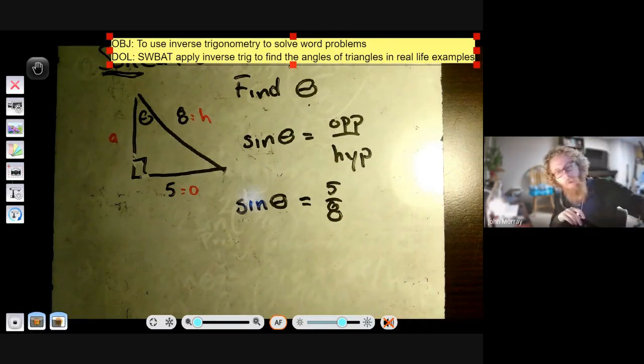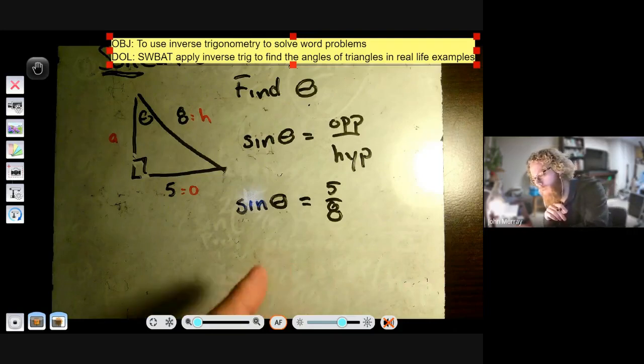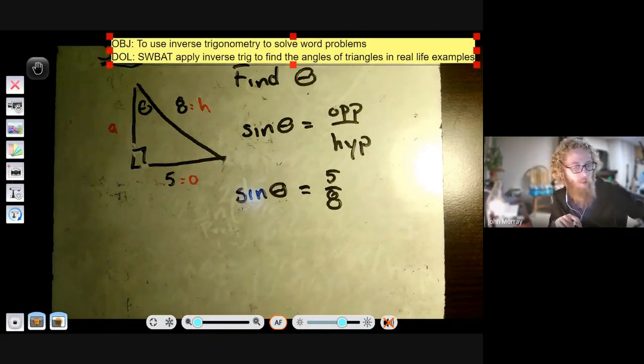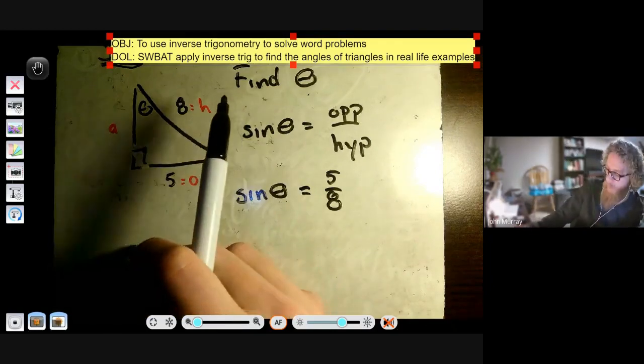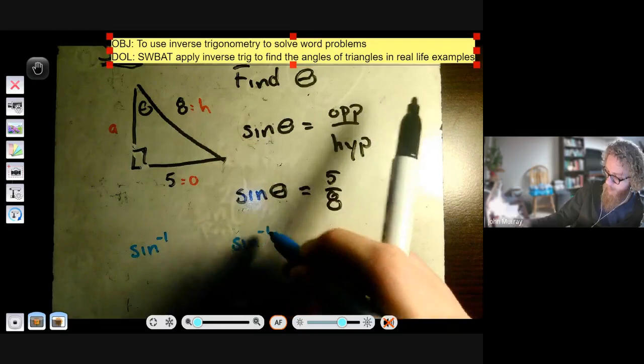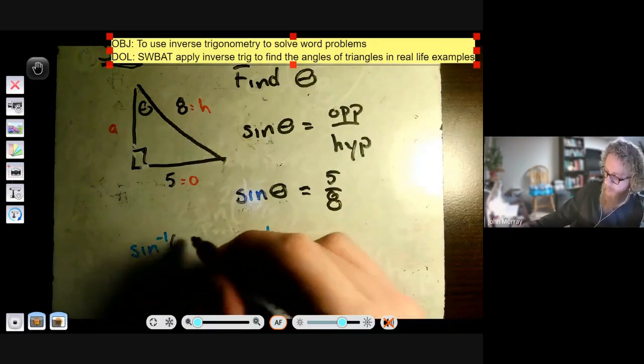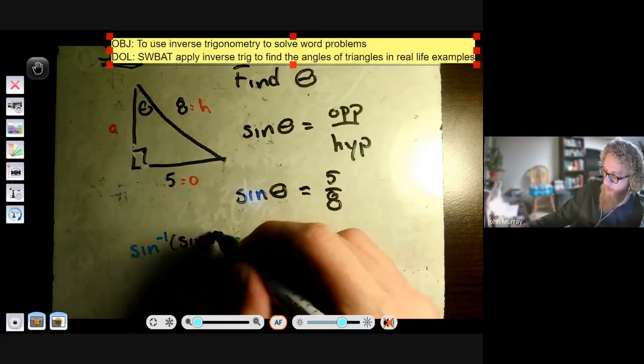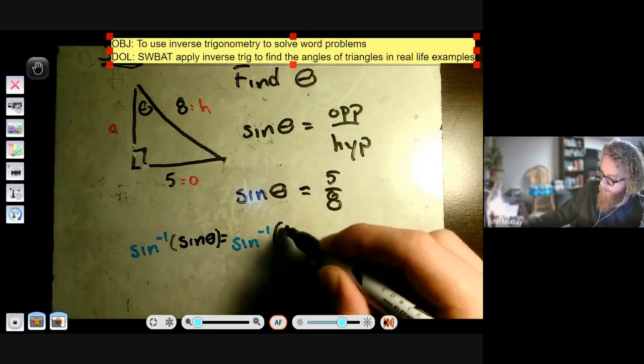So officially, what we do is we have to do the inverse of our sine. I take the inverse sine of both sides.